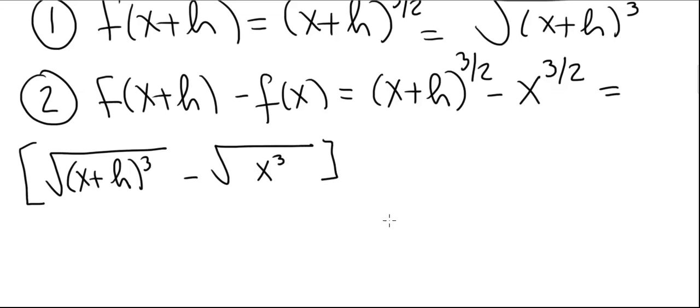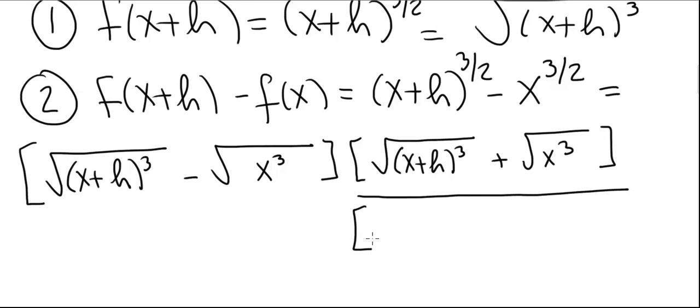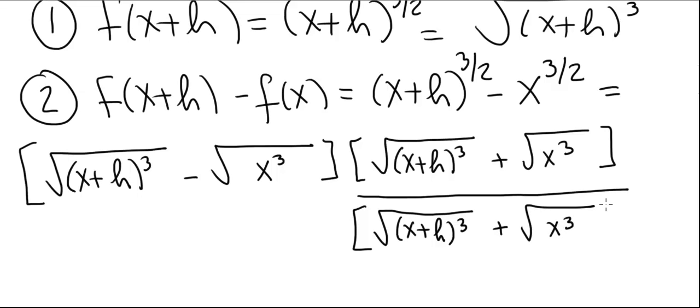The goal of this step is that at the end of it, we should have h factored out. Let's multiply by the conjugate of the numerator. So this will be the square root of x plus h cubed plus the square root of x cubed, and we also have to divide by the very same thing so as not to change the problem. So divided by the square root of x plus h cubed plus the square root of x cubed.